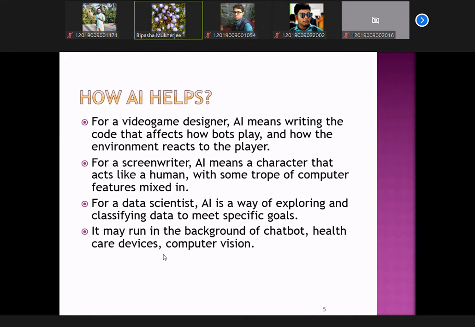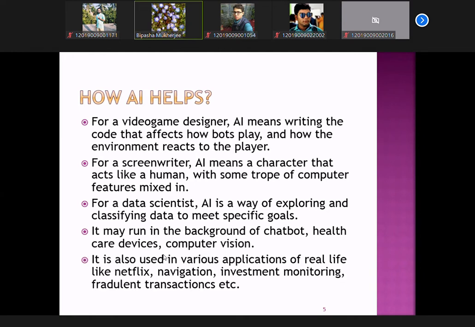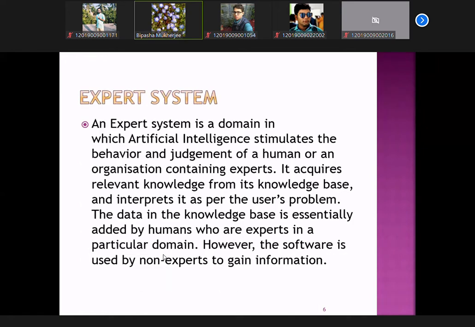Chatbots, dealing with different games, data, they help in this way. Next, whenever we are talking about AI-based systems, one example is the expert system. One special type of system is the expert system. Now, what is that?